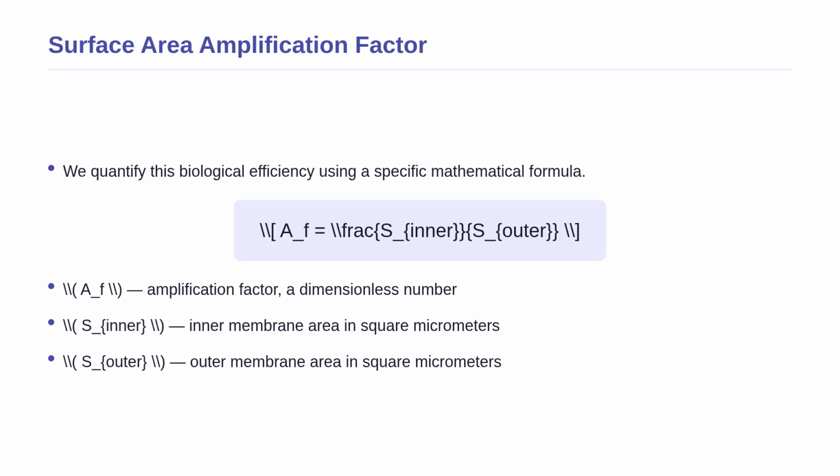S_inner represents the total surface area of the highly folded inner membrane, and S_outer is the surface area of the smooth outer membrane. When the value of A_F increases, it physically means the mitochondrion has more folds and can produce much more energy.